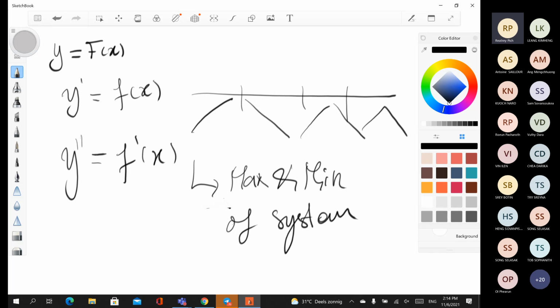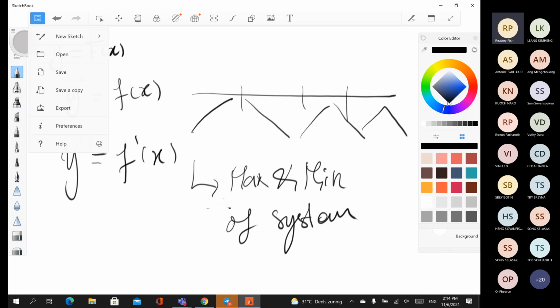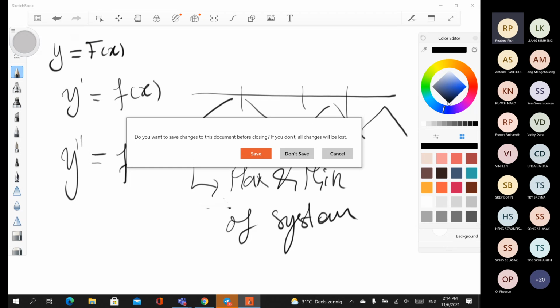Yes, sure. So if you ask me, if you have to take a derivative again, what does this mean? You do not find the flow of the system. The first derivative is the flow of the system. The second derivative is the max and min of the system. Can you remember something about your mathematics in grade 12?